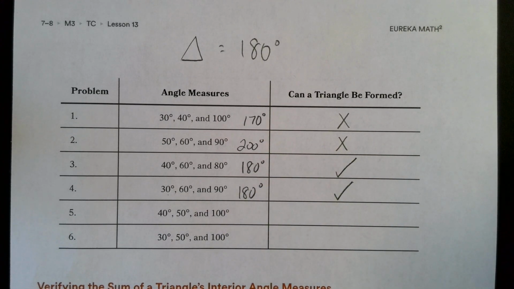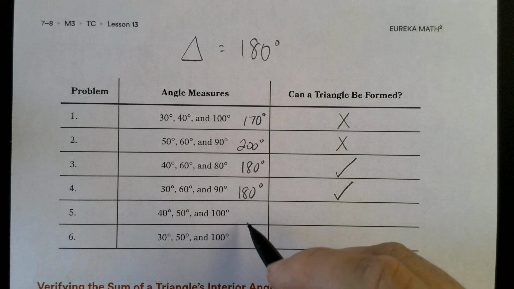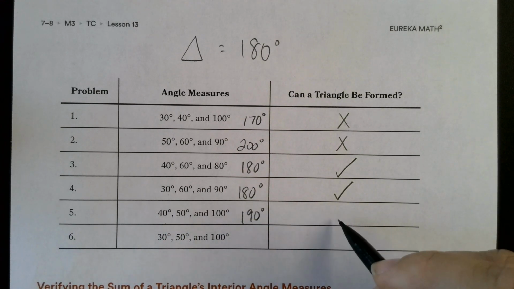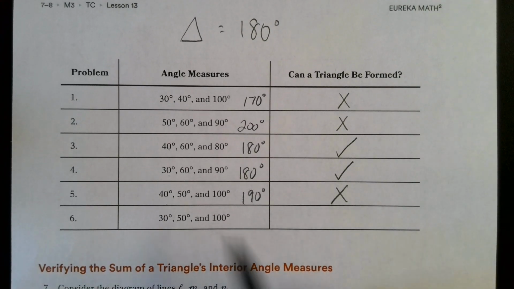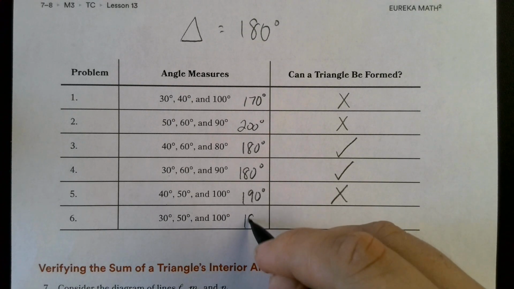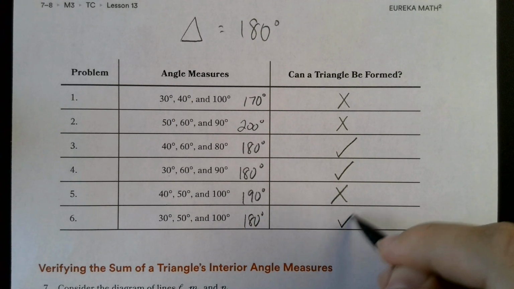Again, a triangle. 40 plus 50 plus 100 is 190, not a triangle. And we have 30 and 50 and 100, which add up to 180, which makes a triangle.